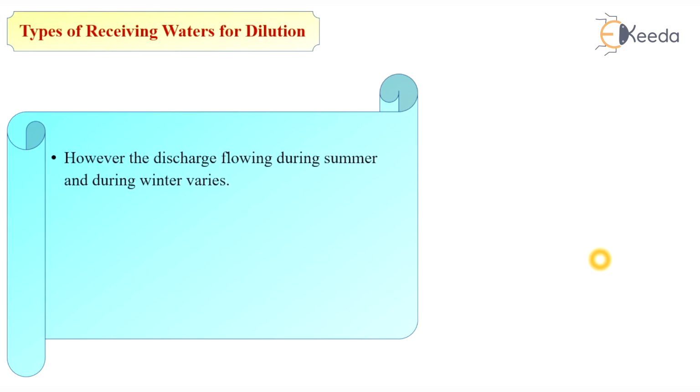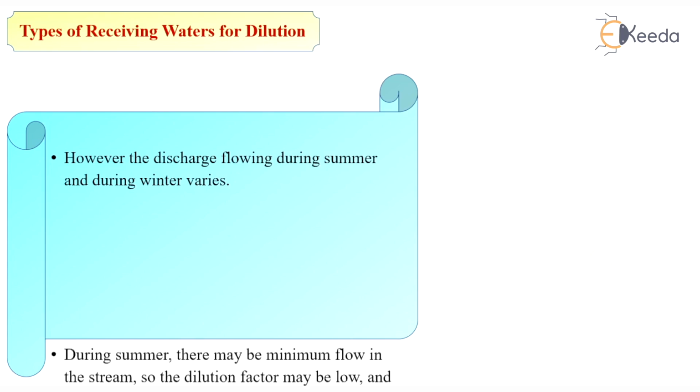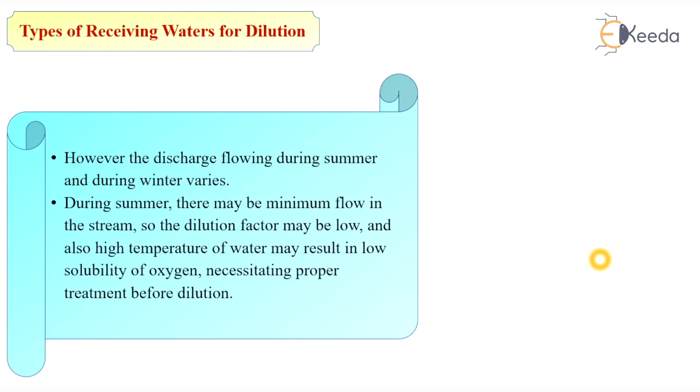Again, however, the discharge flowing during summer and during winter varies. So during summer, there may be a minimum flow in the stream, so the dilution factor may be low. And also, high temperature of water may result in low solubility of oxygen, necessitating proper treatment before dilution.